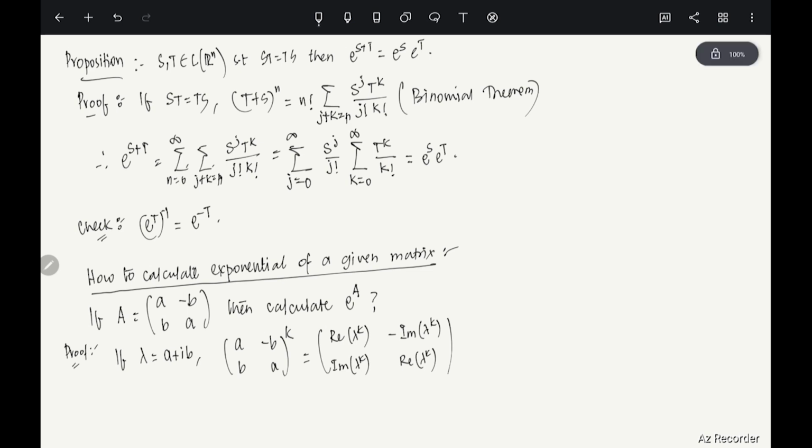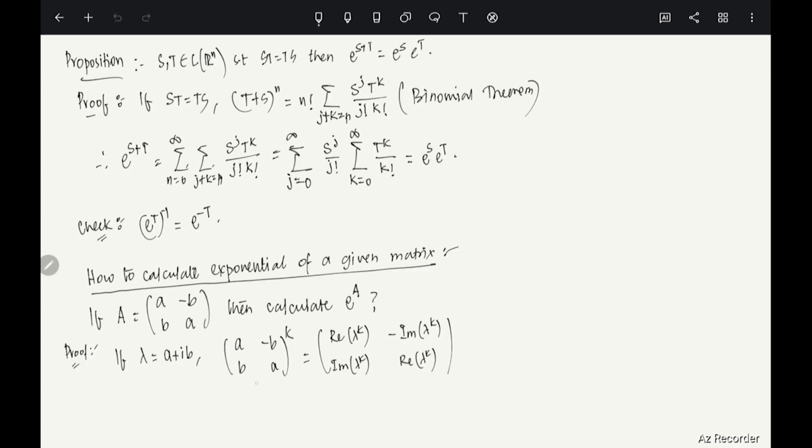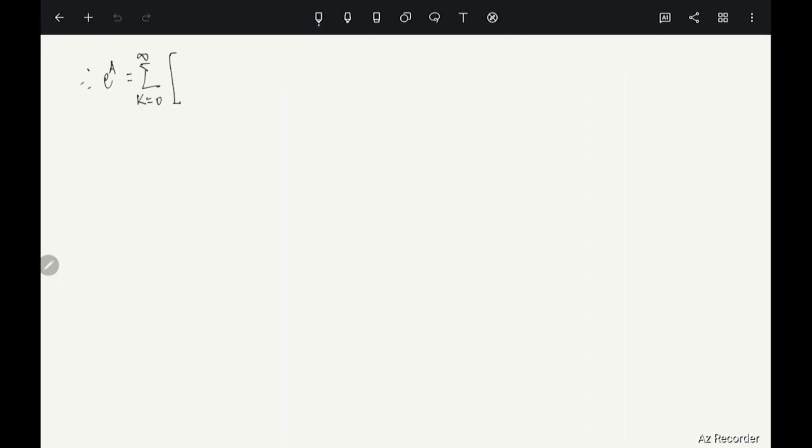Therefore, if you want to calculate e power a, what is it? This is nothing but summation k equals 0 to infinity of this thing by k factorial, of course.